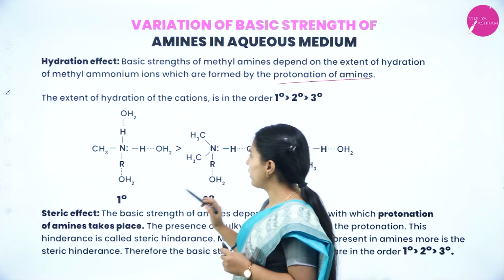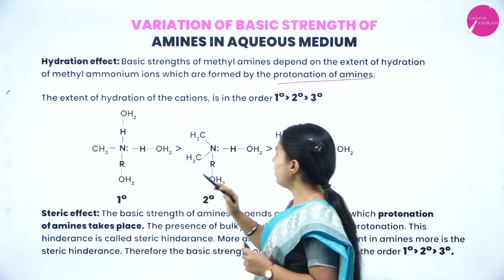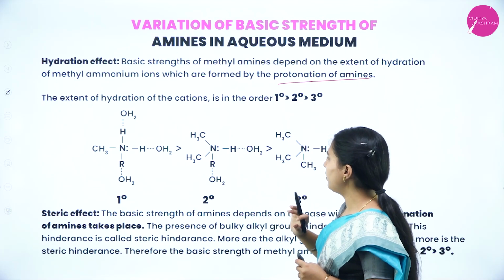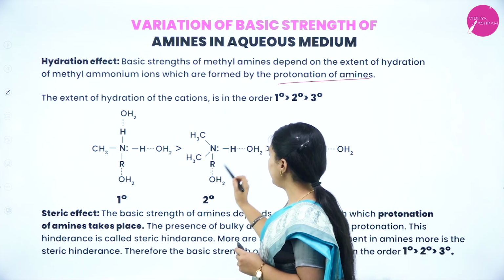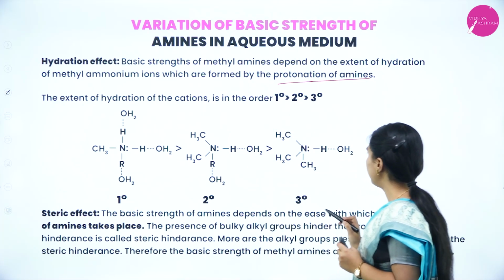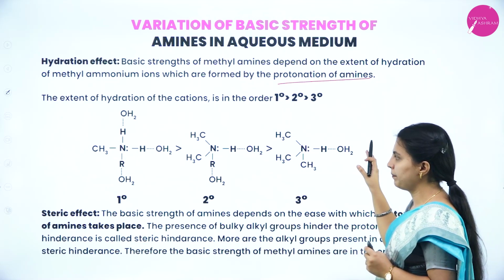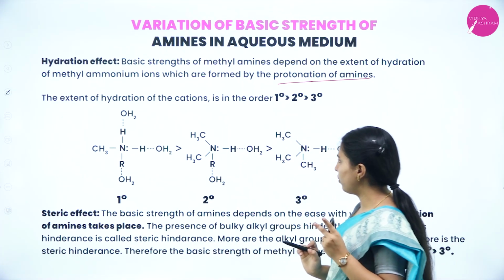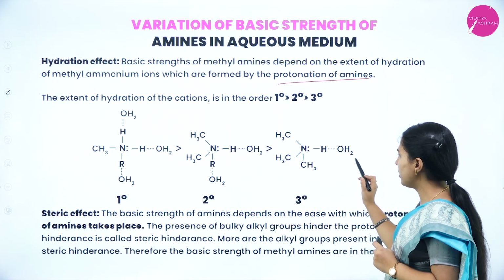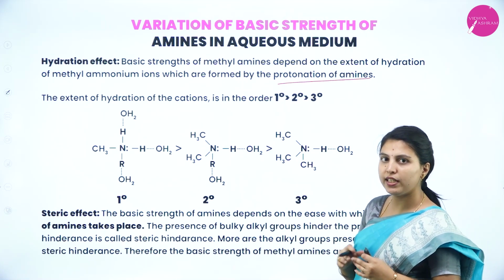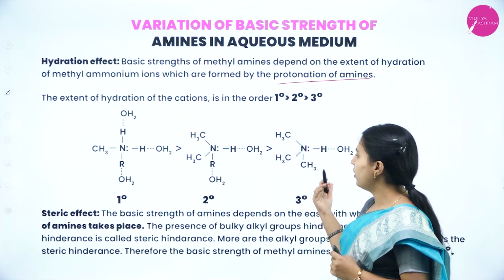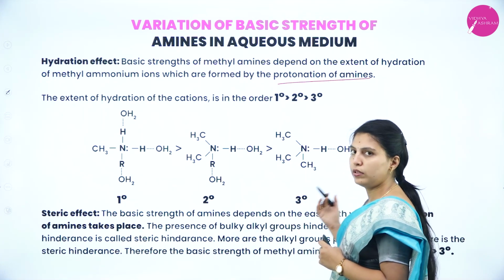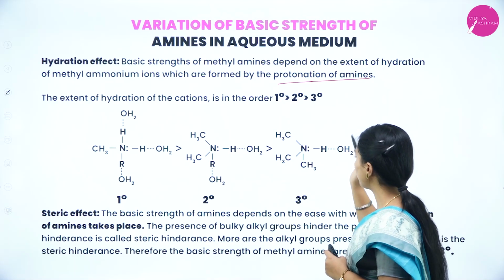In the primary, you can see here after protonation, the hydration can happen on three sides. Here, with alkyl and hydrogen, hydration will be on only two sides. Here, hydration is on only one side. The extent of hydration becomes lesser from primary to tertiary due to the protonation effect.